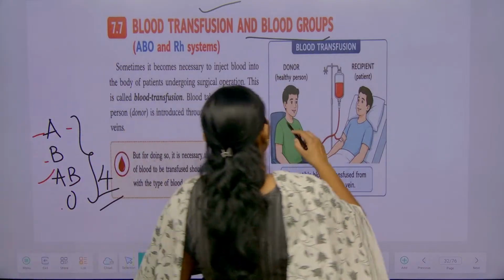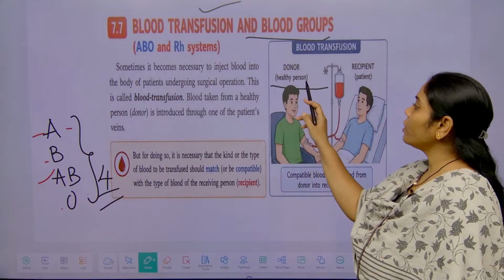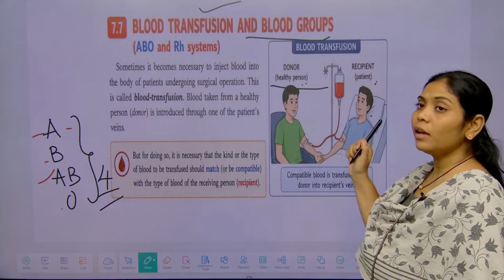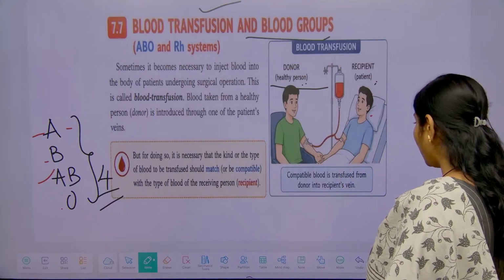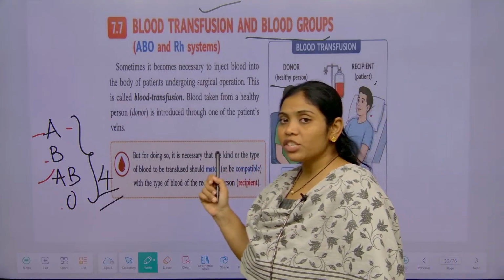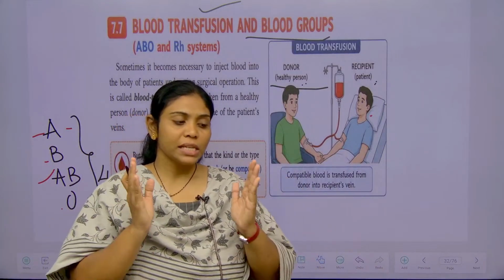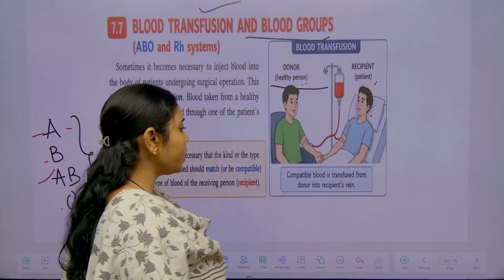The one who gives blood we call the donor, the one who takes it we call the recipient. While the blood transfusion is occurring, the blood should be matched. What is matching? The same kind of blood group should be present.